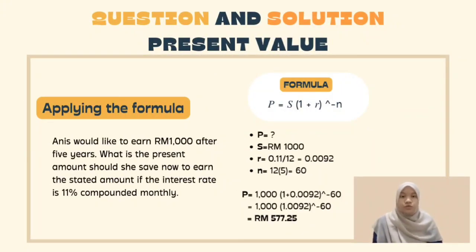Applying the formula, Anis would like to earn RM 1,000 after 5 years. What is the present amount she should save now to earn the stated amount if the interest rate is 11% compounded monthly? So the formula, we want to find present value. P equals S bracket 1 plus R to the power negative n.